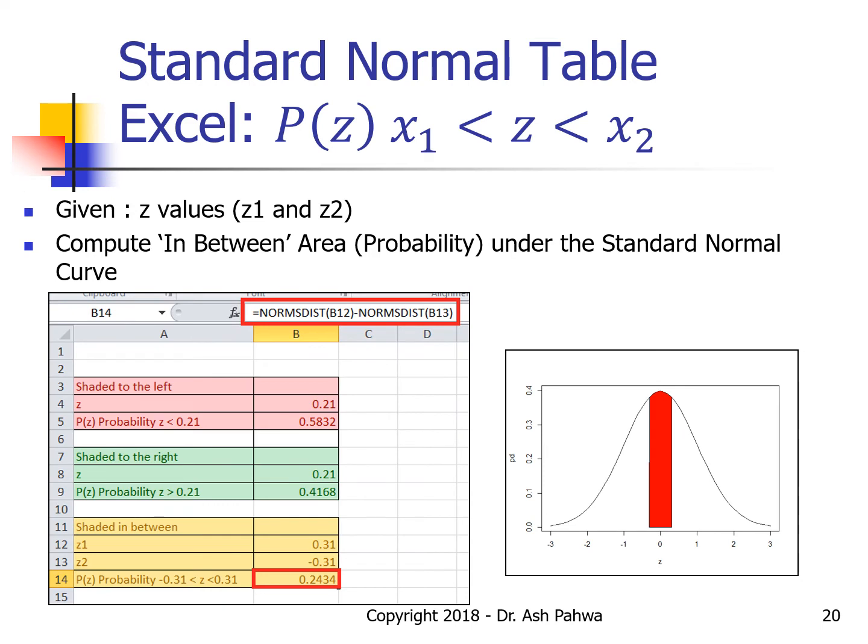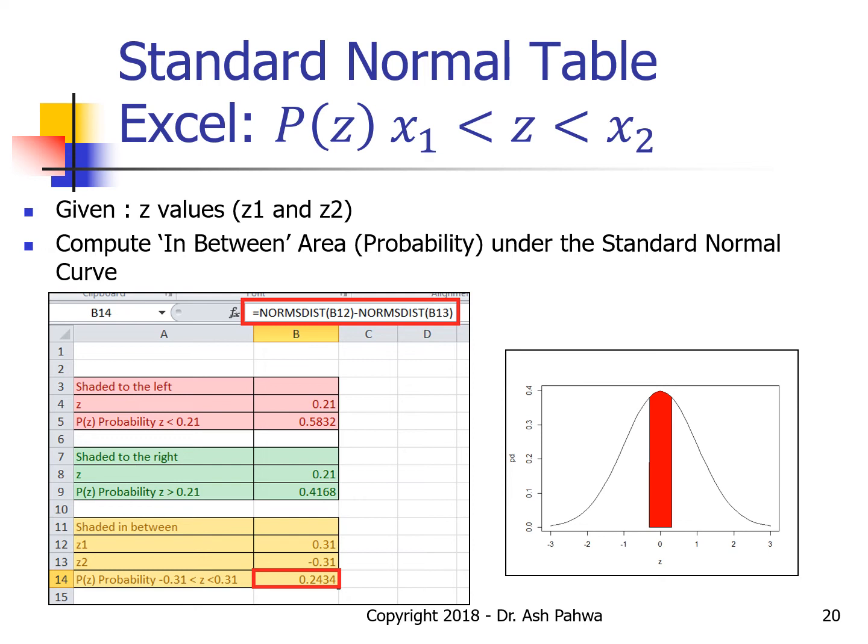We can of course determine the probability that the variable is going to have a value between two given values. So if we are given two values, z1 and z2, and in this case we assume them to be 0.31 and minus 0.31. In Excel we can again use our normal distribution function.